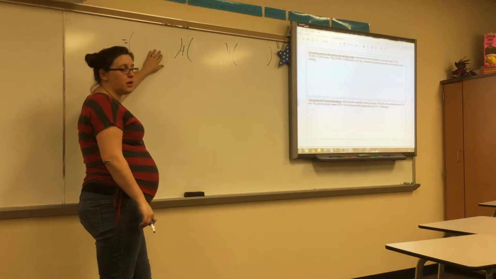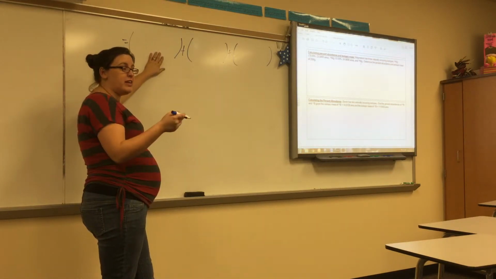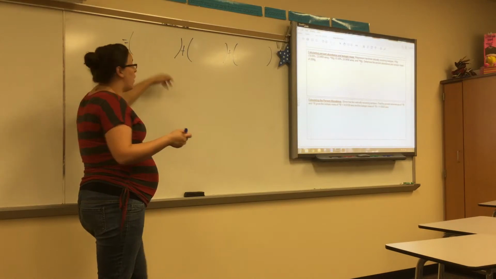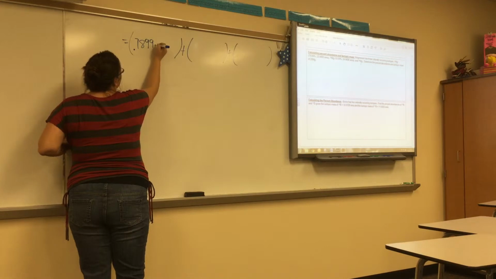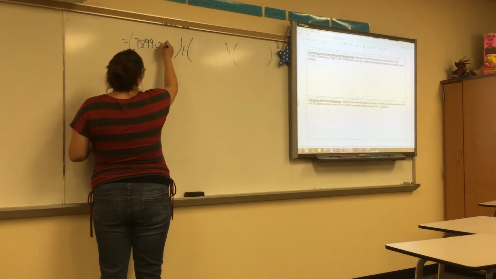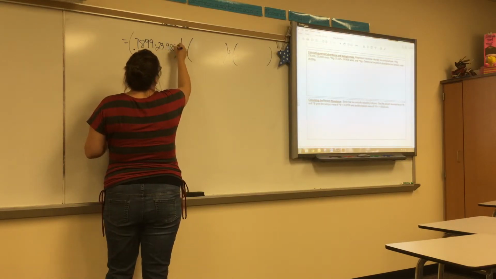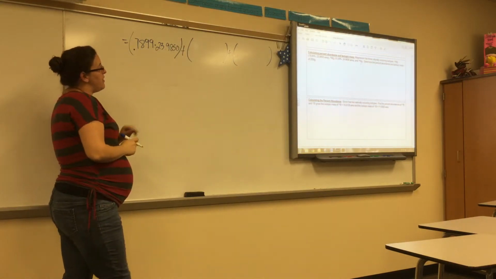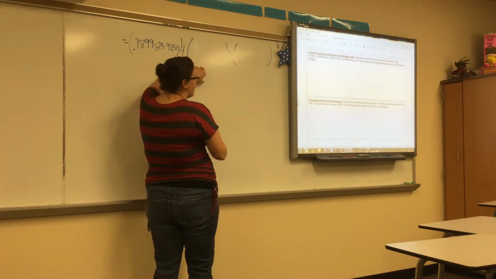How often does it appear? 78.99. So if we want to put that in decimal form, we move the decimal over twice. We get 0.7899 times its mass of 23.9850.